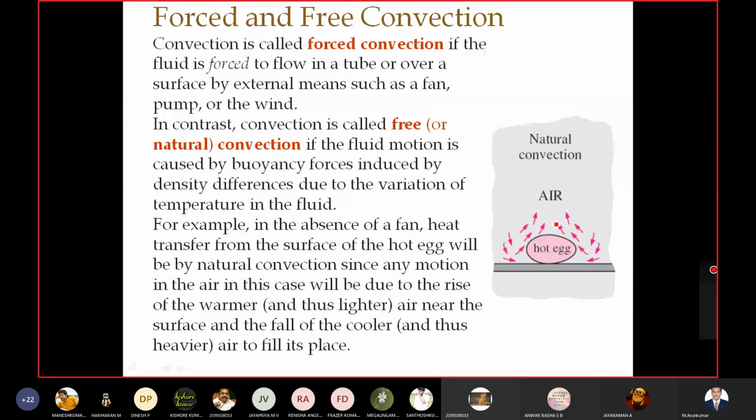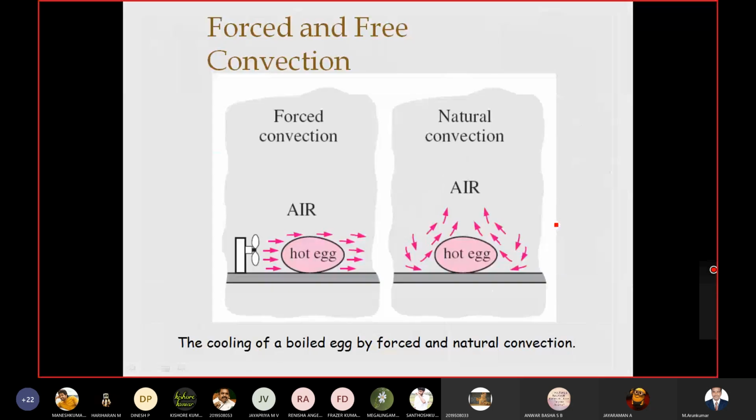Then we can get a comparison between forced and free convection with the use of this diagram. The cooling of a boiled egg by forced and natural convection may happen. If you use any external source to get it cool, that is called forced convection.